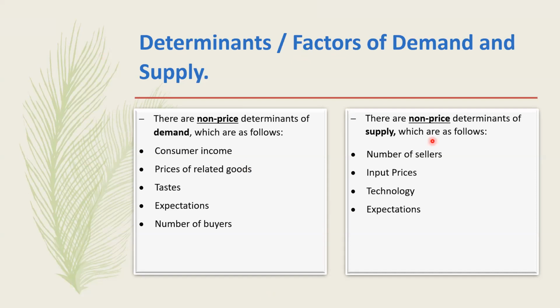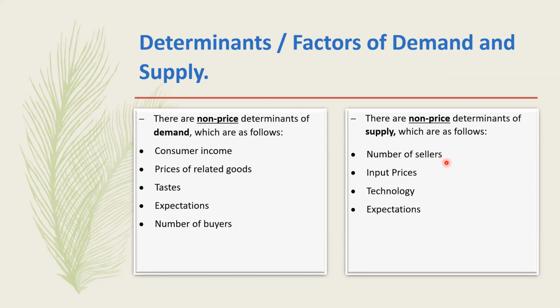And let's look at supply. What are some non-price factors or non-price determinants of supply? The number of sellers. If we don't have enough sellers, let's say there's not enough people who actually will supply goods and services, chances are they might tend to decrease their supply of the good or service.